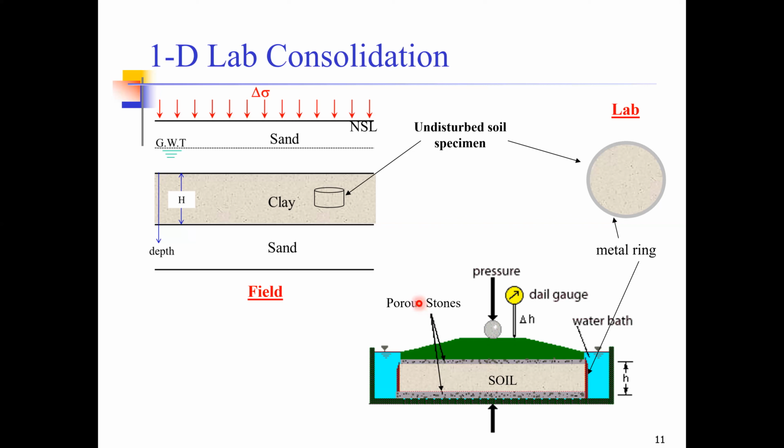So this chamber that we use is known as a consolidometer or oedometer. This complete assembly is known as a consolidometer, oedometer, or a consolidation apparatus.